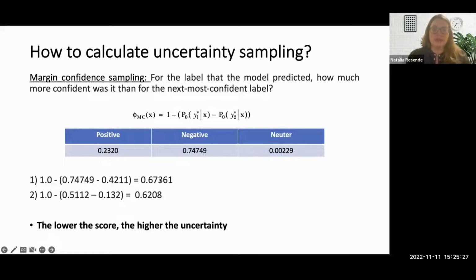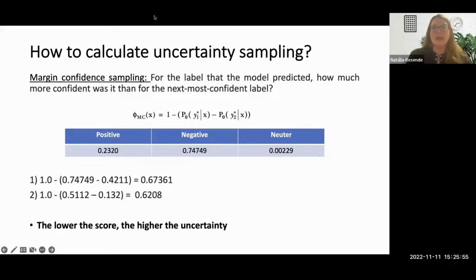Then we get the scores here. So the lower the score, the higher the uncertainty. Does that make sense to you? If it doesn't, I can try to explain again. Okay, so the lower the score, the higher the uncertainty, right?